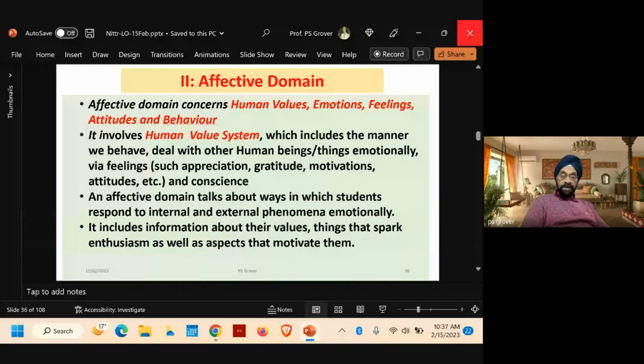So when I formulate my course outcome, I must take into account these aspects. It has been a growth so far. In the new education policy also, a value-based education system is being emphasized. While formulating learning outcomes, we need to take into account the affective domain as well.